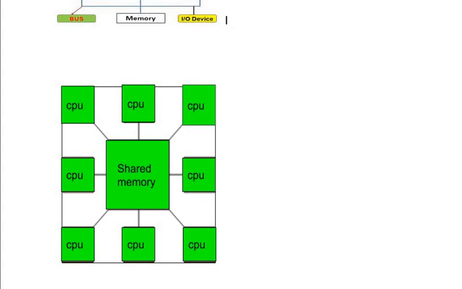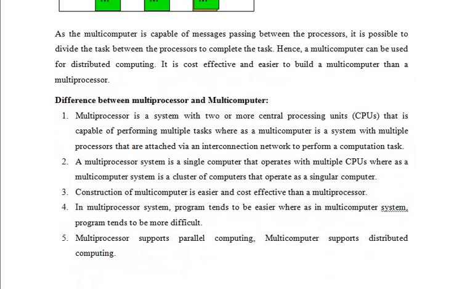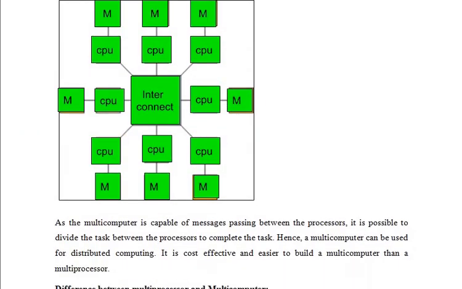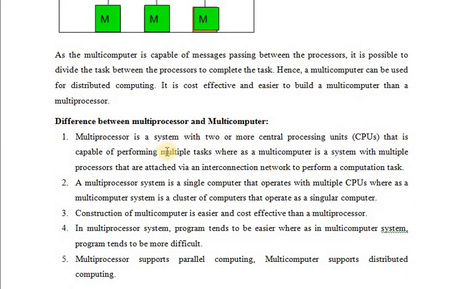In the multiprocessor the memory is shared, but in the multi-computer, each CPU has a separate memory. As a multi-computer is capable of message passing between the processors, it is possible to divide the task between the processors to complete the task. Hence, a multi-computer can be used for distributed computing. It is cost effective and easier to build a multi-computer than a multiprocessor.